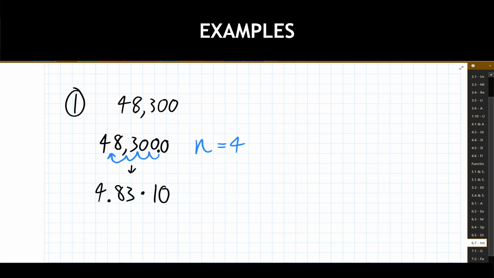And if so, which in this case it very much was, then we are going to have a positive 4 in our exponent spot. And therefore our final answer is going to be 4.83 times 10 to the 4th power. And there we go. We've just converted 48,300 into scientific notation.